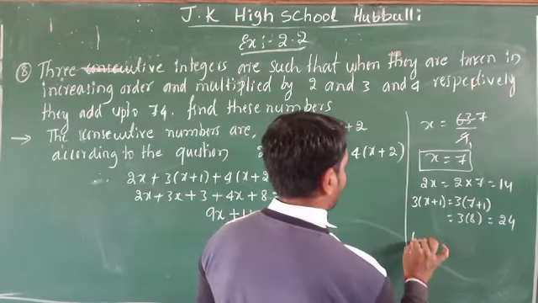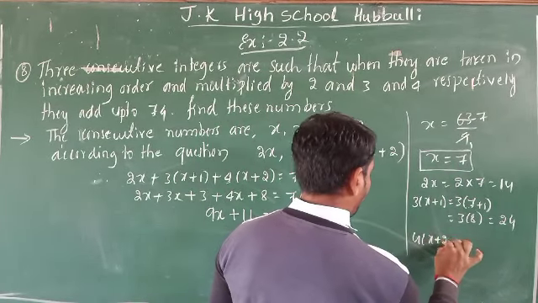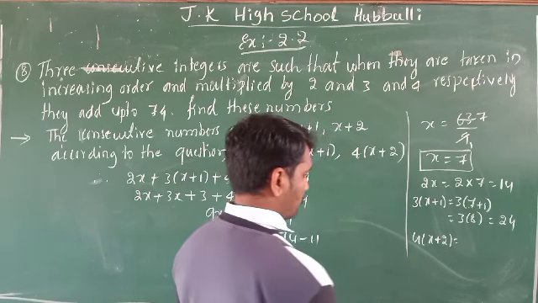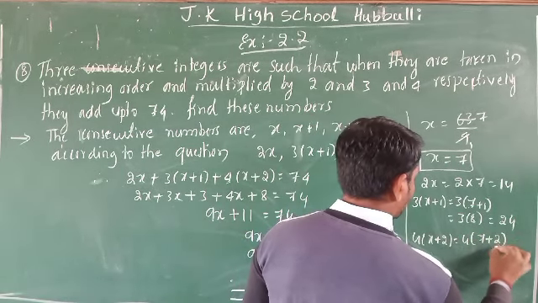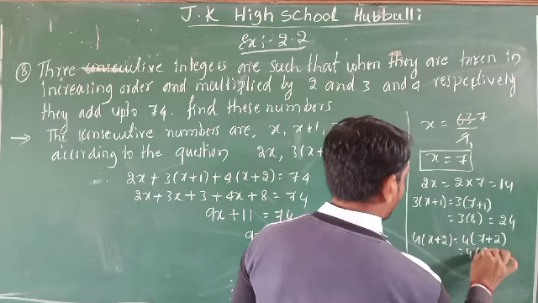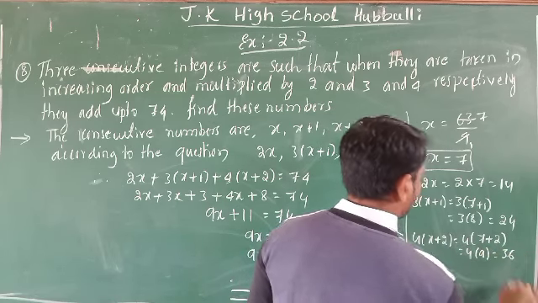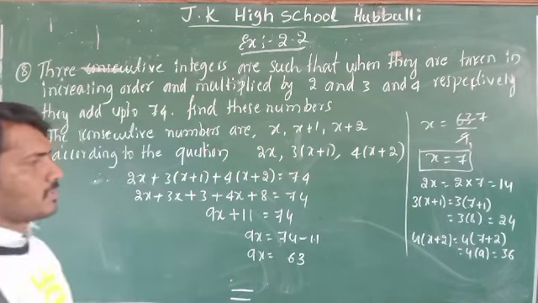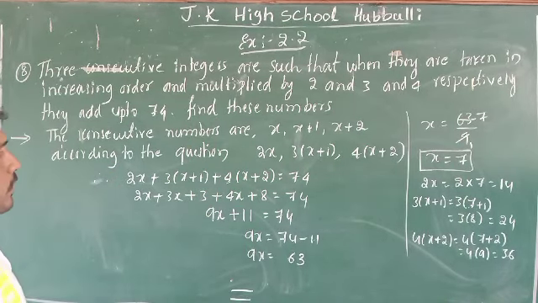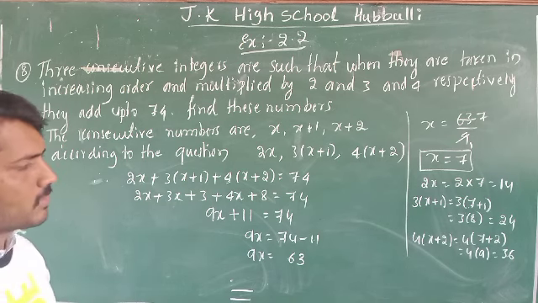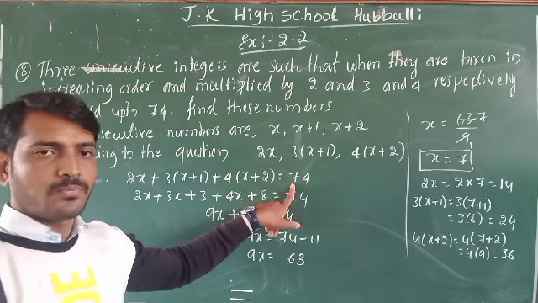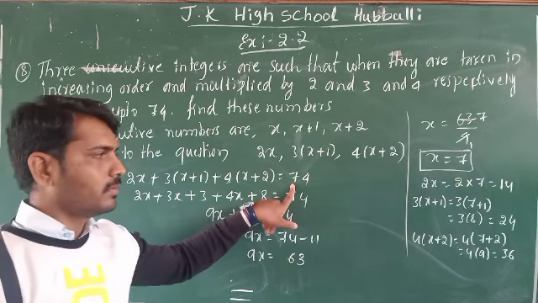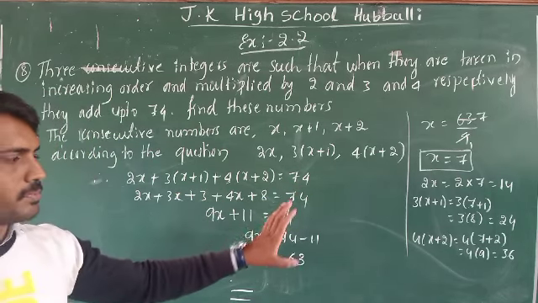Next one, 4, x plus 2 is there. 4 as it is, 7 plus 2, 9. 9 4s are 36. 14, 24 and 36. Adding all these numbers, what do we get? 74. Understood? So these are the steps.